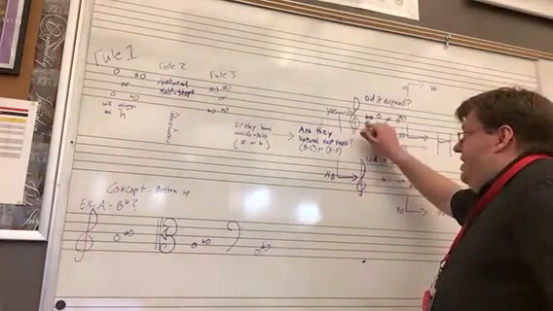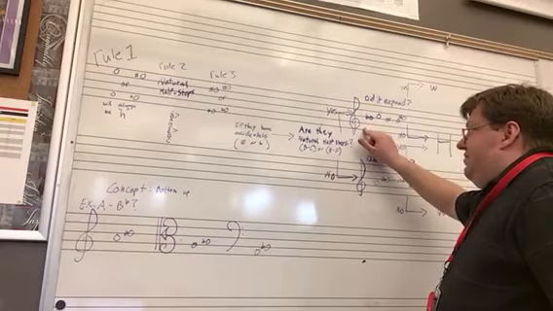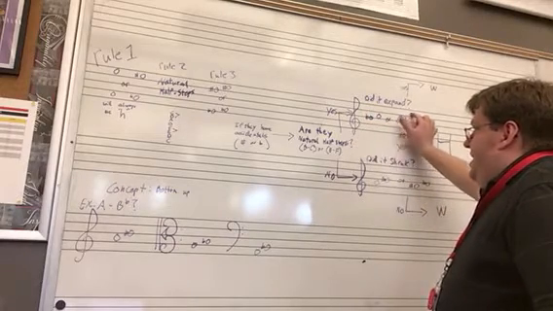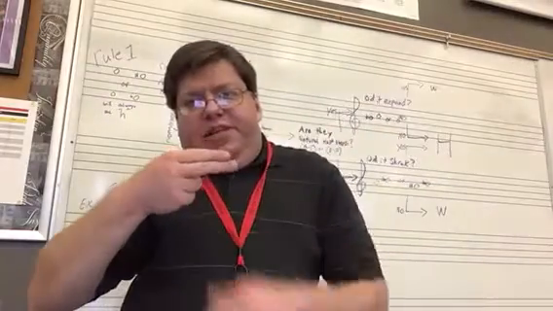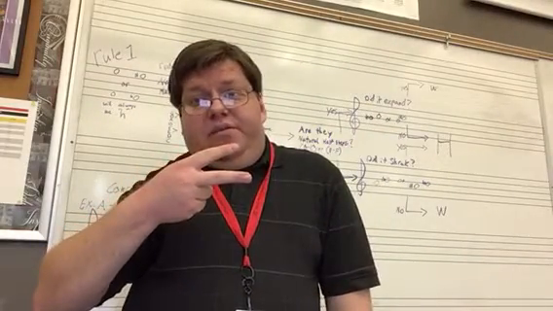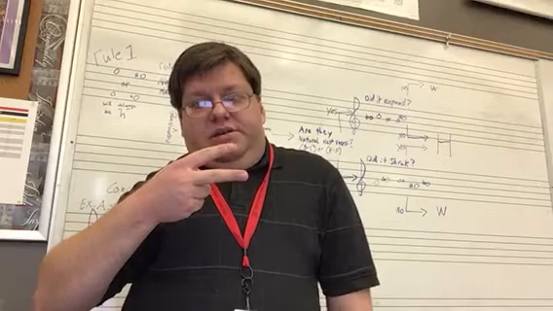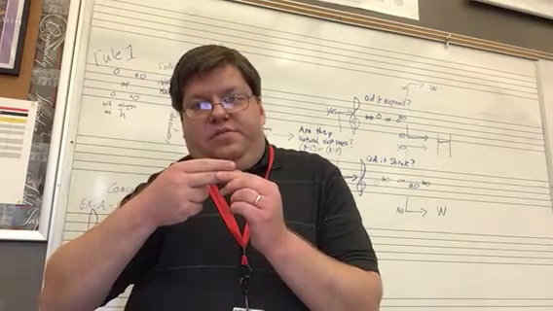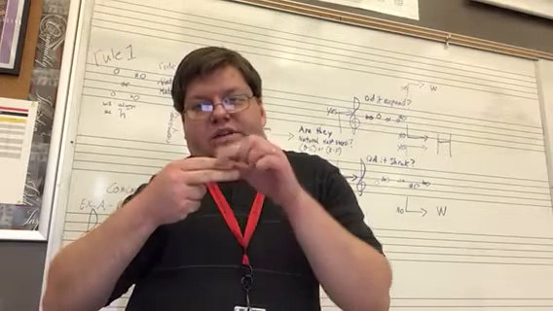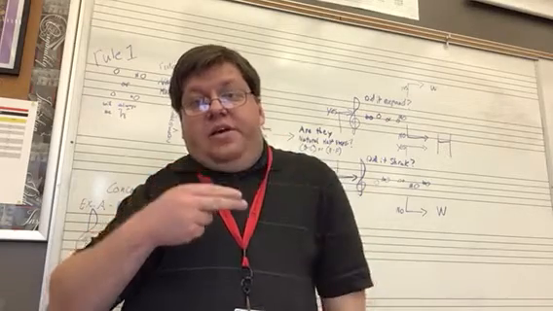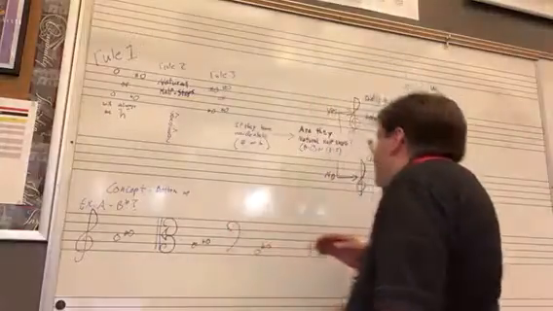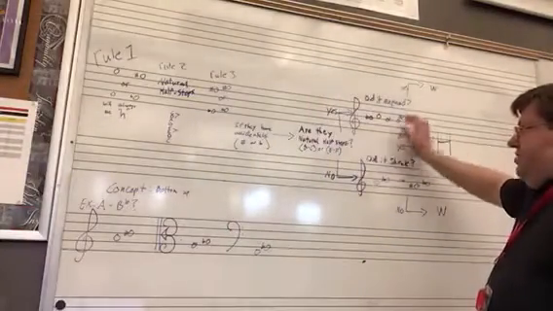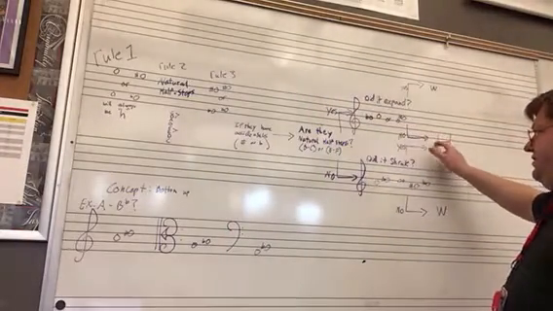So if the B went down because it's a flat, or if the C went up because it's a sharp, then the half step relationship between them has expanded. Makes sense? So B turns to B flat, or C turns to C sharp. Then you've created more space between them. They're a whole step. And that's what this means right here. If yes, they're a whole step. If no, then they're a half step.